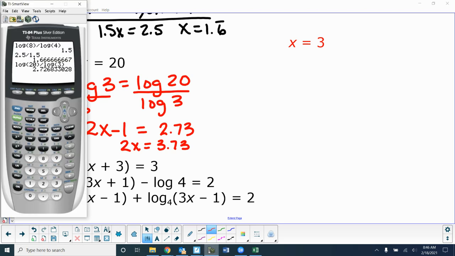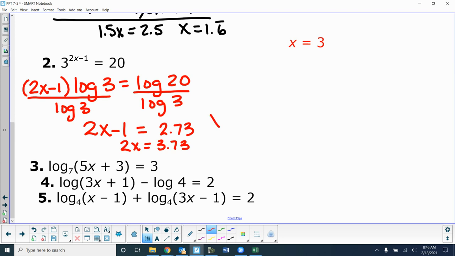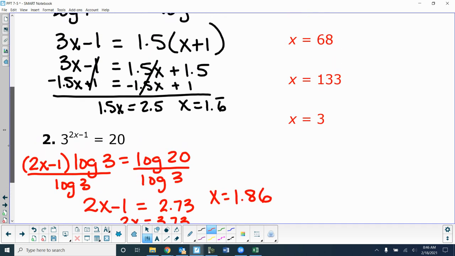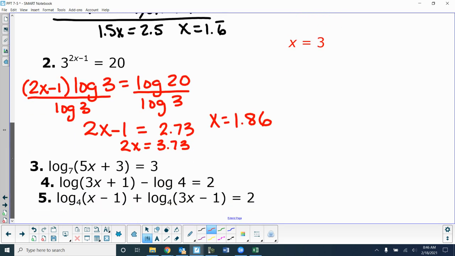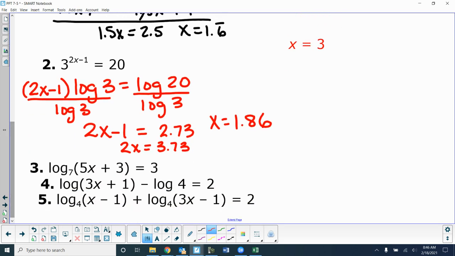All right, so plus 1 and divided by 2. 1.86. There it is. That makes sense, those two? Now's the time to ask questions, not just stare into space and zone out on me. It's not that hard, is it? You guys can do that.